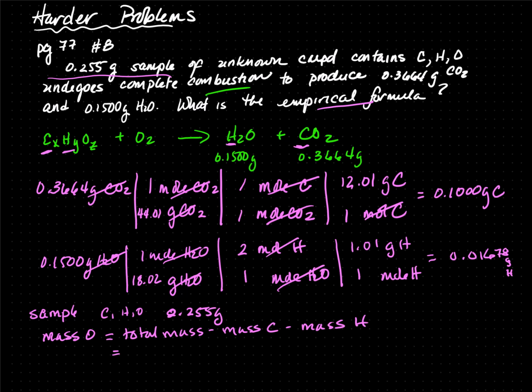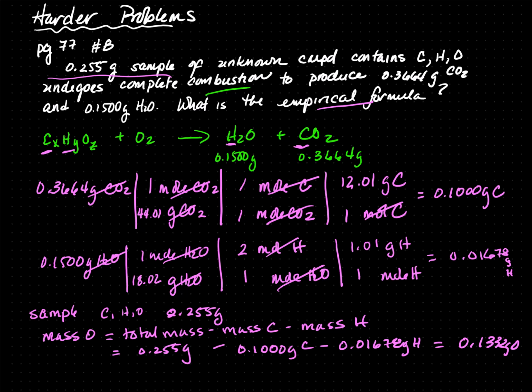Total mass is 0.255 grams minus the mass of carbon, which is 0.1000 grams, minus the mass of hydrogen, which is 0.01678 grams of hydrogen. This should equal approximately 0.1332 grams of oxygen.